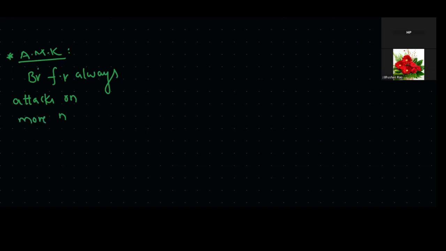Anti-Markovnikov rule means the bromine free radical always attacks the carbon with more hydrogen atoms in an asymmetric alkene.